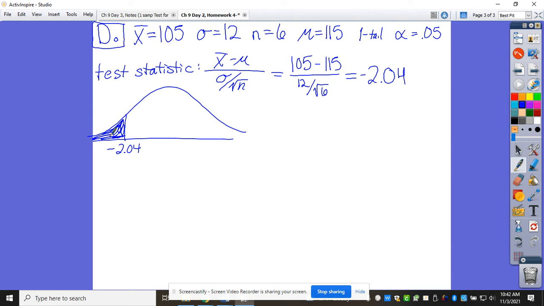So finding this area, which I can either do in my calculator, I can do it in yellow sheet, I can do it in my calculator by normal CDF, I can do it in my calculator by running a test. But either way, I will be getting a p-value of what? And I'm comparing this p-value to a what kind of value?